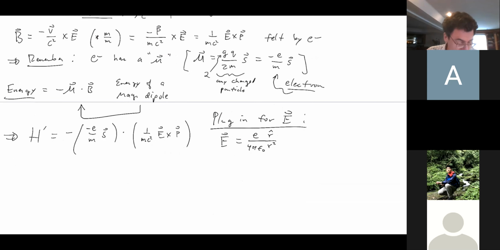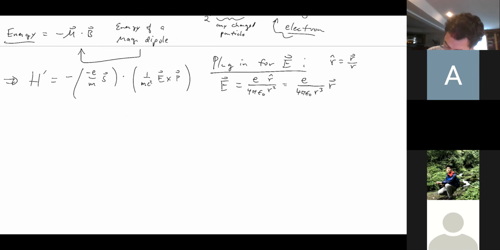And so let's just use that formula. But let's rewrite it. Let's remember that r hat is equal to r vector divided by r. So this formula can also be written as e over 4 pi epsilon naught r cubed times r vector. It's convenient for me to write it like that. So now we're going to plug that in here.